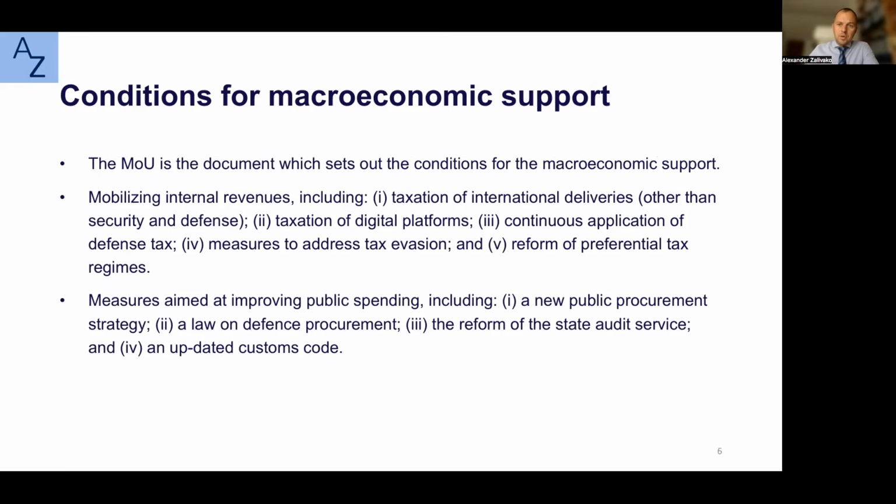So from that perspective, it's important to consider what are the conditions for this support. The conditions for the macroeconomic support are reforms in the Ukraine public finance sector, tax collection, and procurement sector. These are drafted in very generic way and are largely repetitive of those commitments which Ukraine took in connection with its accession to the European Union or IMF funding.